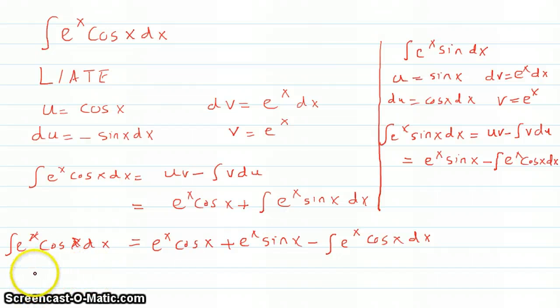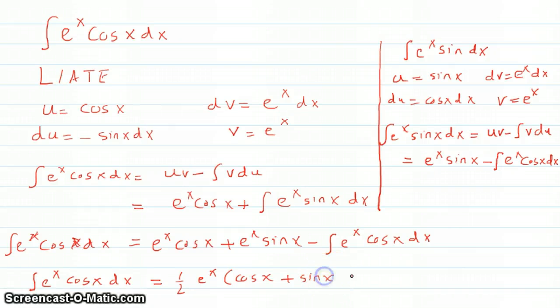Therefore, if I divide both sides by 2, I get the integral of e to the x cosine x dx is equal to 1/2 e to the x (cosine x plus sine x), and we always have to add a constant c, which results from integrating an indefinite integral. Thanks for watching.